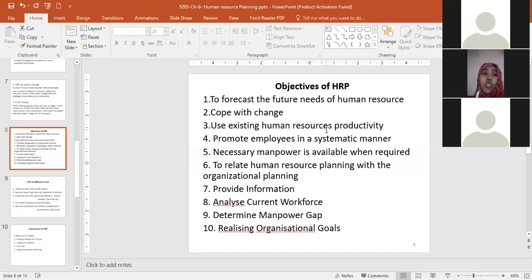In the absence of a manpower plan, we may not be in a position to enlist their services in time. That means we have to cope with change.